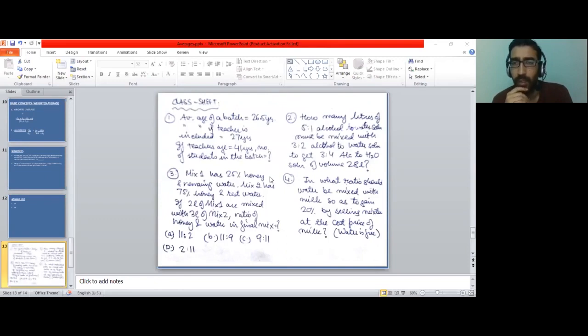Just try question 1 and question 3. You could also try question 4 because we've already done profit and loss. So why not try 4 as well? Although it's not directly connected to what you just studied.